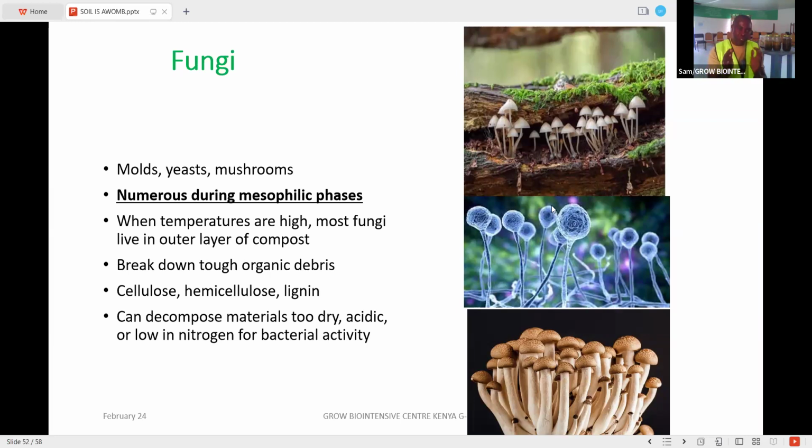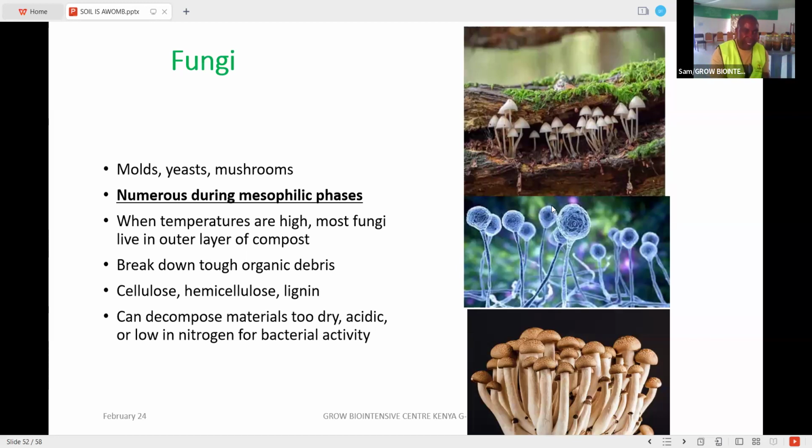During the decomposition process, when you pile your materials together today, the decomposition will start in 3 days. The organisms that start the work of decomposition are called mesophiles. They are responsible for kickstarting the decomposition.